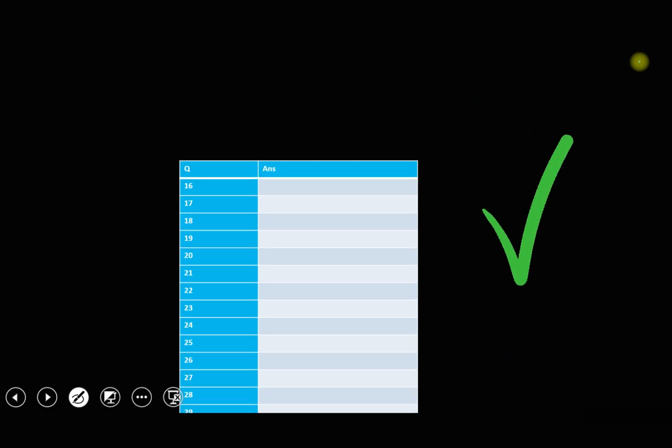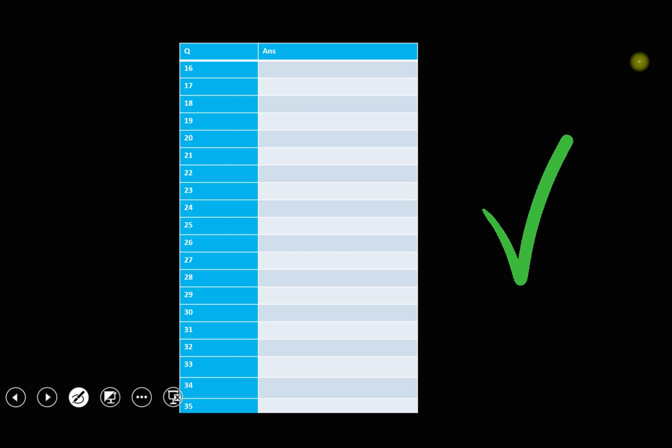Now before I start, I suggest you take out a paper and pen and draw this table on the paper. There you can write question number 16 to question number 35, and these are the multiple choice questions. There are a total of 4 options, out of which only a single option is correct.